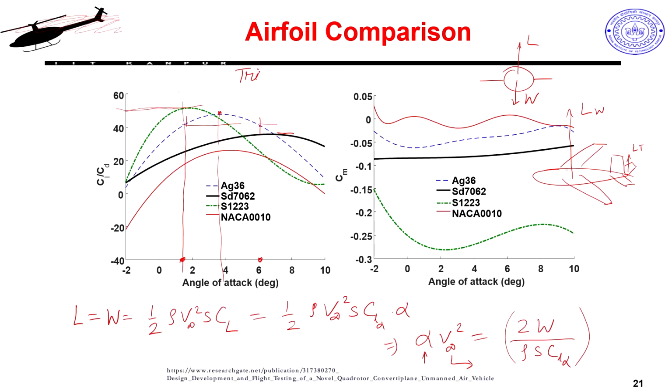For an aerial vehicle, instead of calling it equilibrium, we have a more fancy term called trim. What do we call it? Trim. Helicopter, aircraft, whatever, any aerial vehicle we normally call it trim.